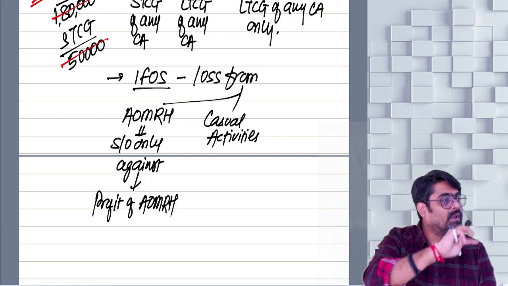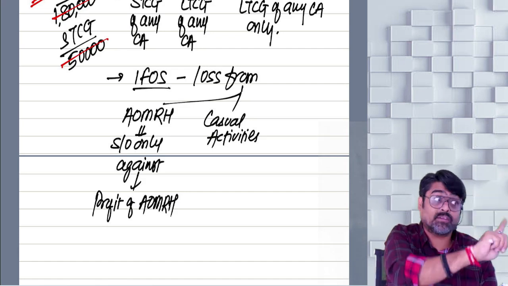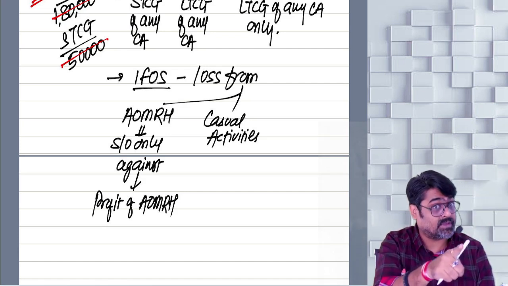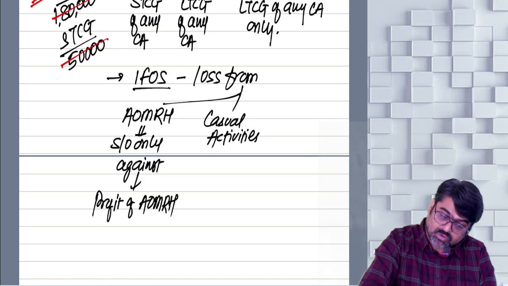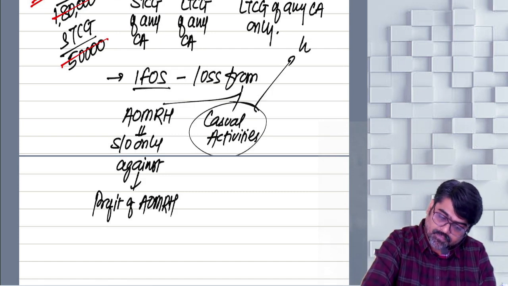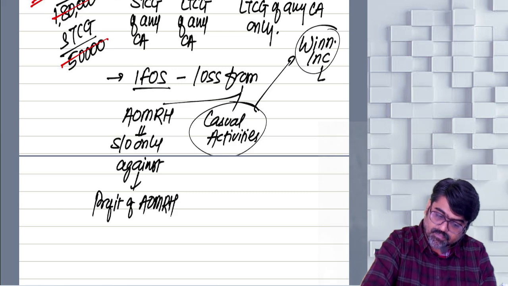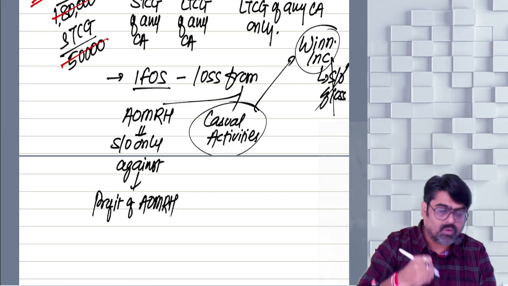If you win, it will give you winnings income. Against that winnings income, no loss can be set off. Please remember, if this casual activity is giving you winnings income, against that winnings income, set off of loss is not allowed.